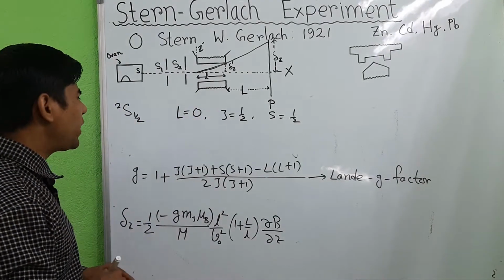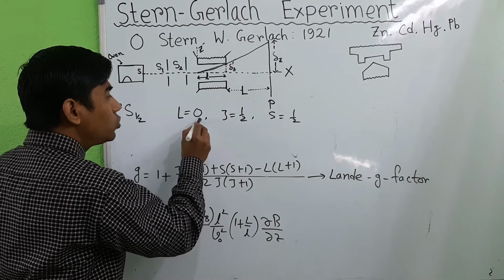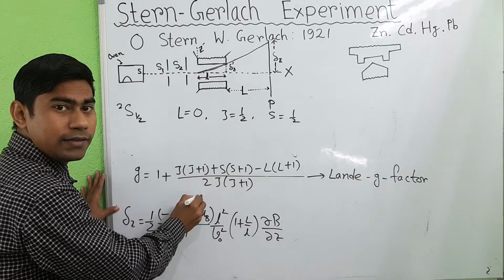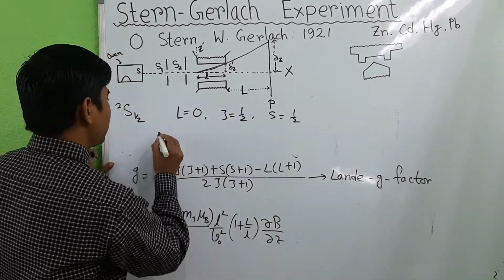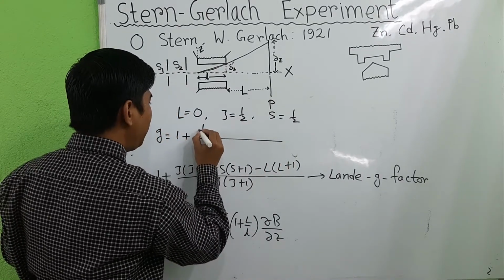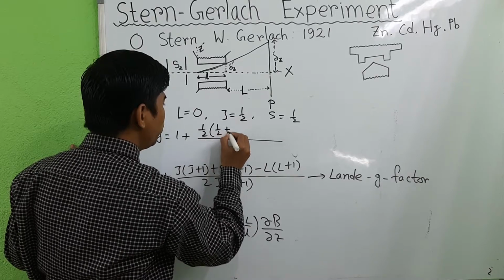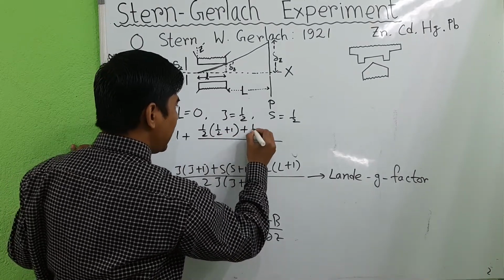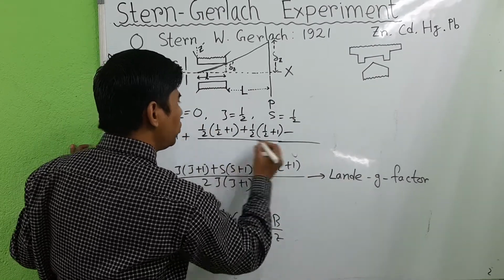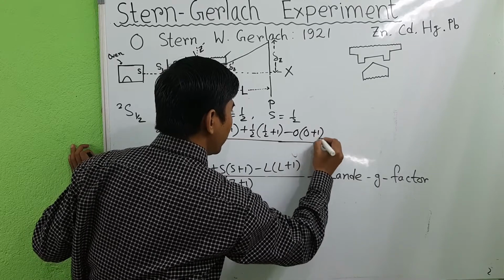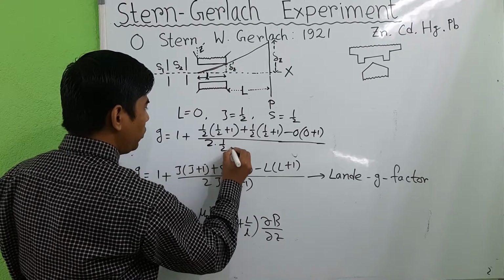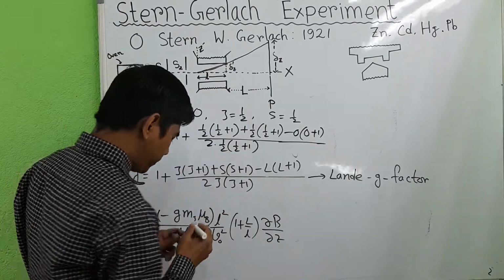Now, if we put the value of L equals 0, J equals half and S equals half in this equation, then the value of g becomes g equals 1 plus J into J plus 1, that is half into half plus 1, plus S into S plus 1, that is half into half plus 1, minus L into L plus 1, that is 0 into 0 plus 1, divided by 2 J into J plus 1, that is half into half plus 1.